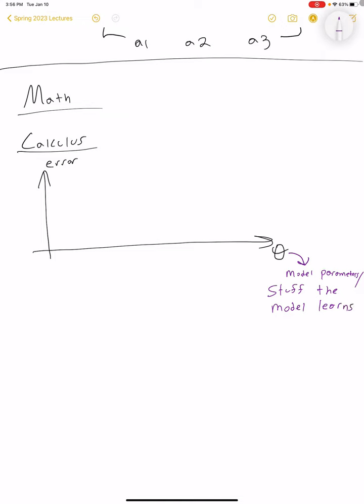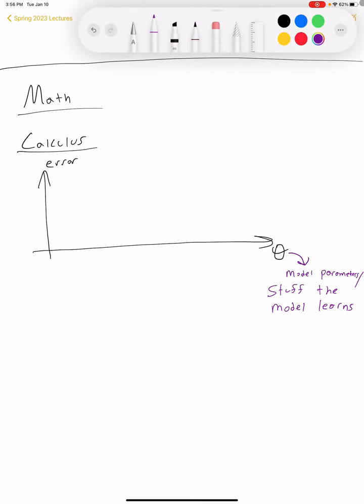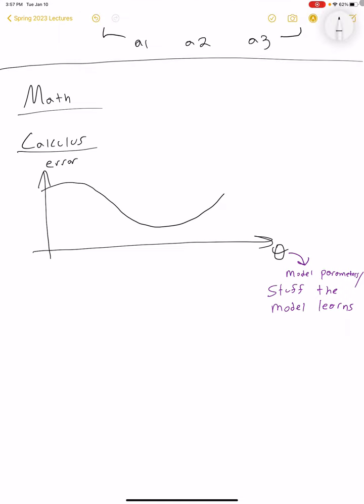And for any choice of model parameters or configuration of the model that's learned, there's going to be a different error value for the model. That is the difference between what the model should have predicted and what it actually predicted. That is the difference between the true value and the predicted value. And there's usually a trade-off so that for different model parameters, we'll have a different error.